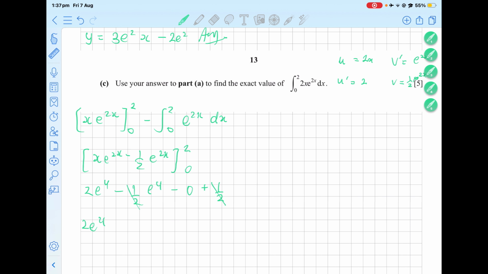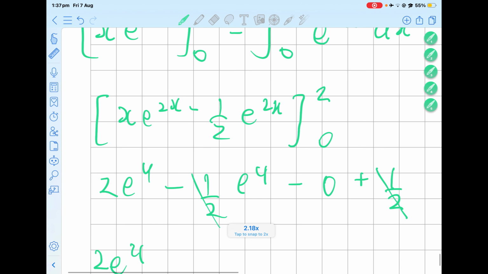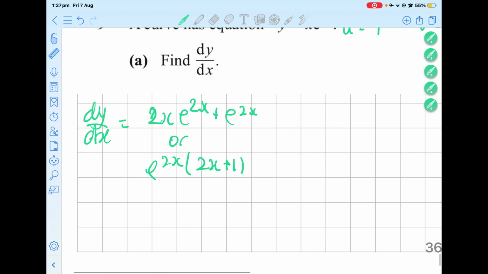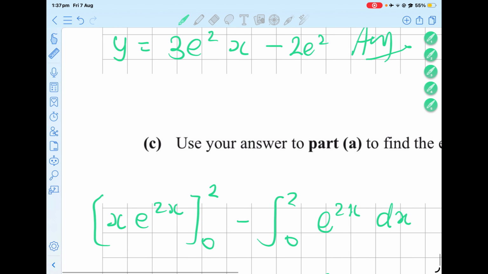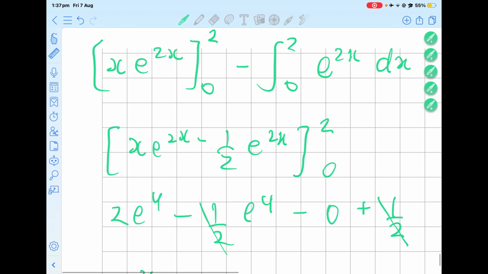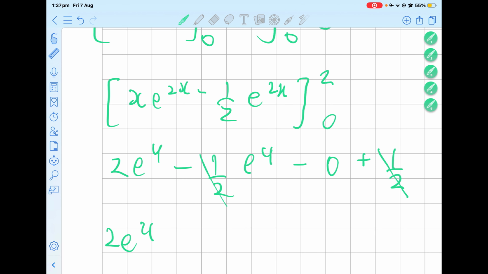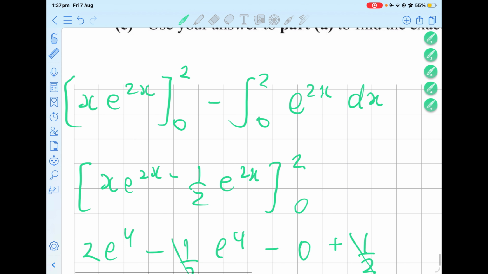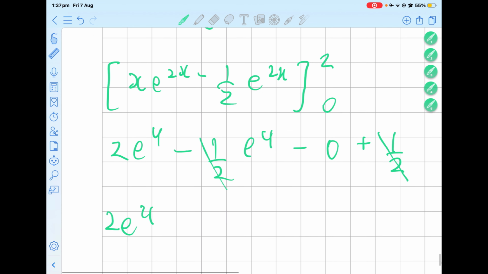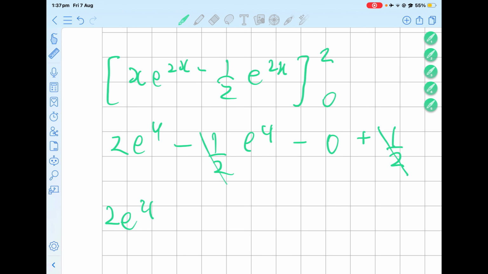Did we put in 2 and did we put in 0 correctly? X e to the 2x, I think that was above, and then minus half e to the 2x, yeah. So 2 e to the 4, then oh, that's where I went wrong.